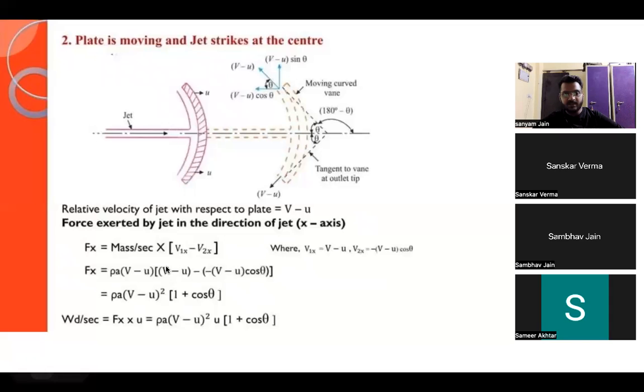Initially the velocity is V − u, the relative velocity, minus the final velocity. The final velocity makes an angle θ with the x direction, so we take its component in the x direction, which is (V − u) cos θ, opposite to the initial direction, so we take a minus here. Minus minus becomes plus, and it is very similar to the previous case, except that instead of V it is V − u, where u is the velocity of the plate. So ρA(V − u)²(1 + cos θ) is the force exerted by the jet in the x direction, and multiplied by u it gives us the work done per second, which is just power.